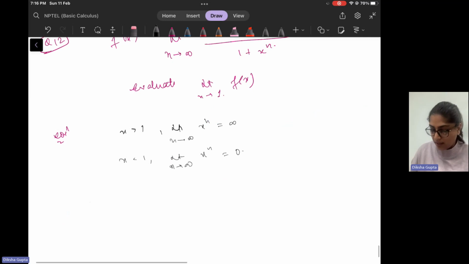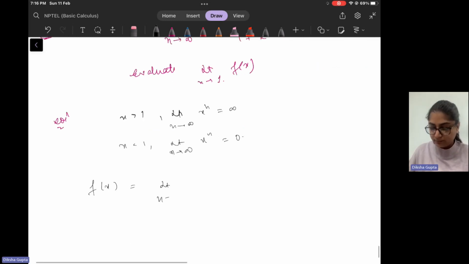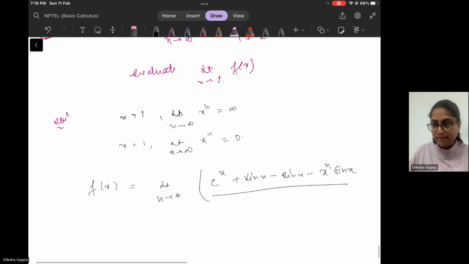Okay, so now, firstly we'll try to see what f(x) is without the variable n. If we can evaluate this, then well and good, we'll have f(x) in terms of x only. So we are trying to eliminate this n here. How can we do that? By adding and subtracting sin x.